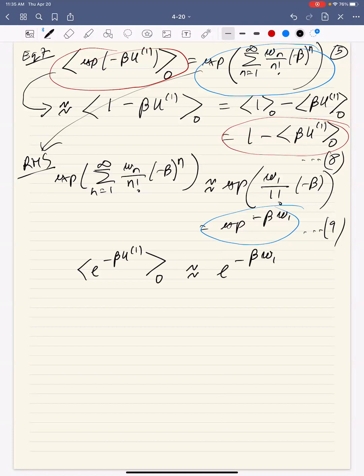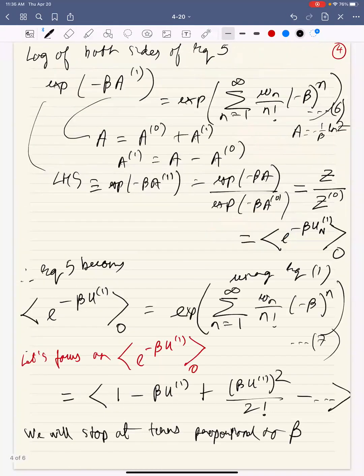Why did we care about this quantity on the left-hand side? What was the connection of this quantity with Helmholtz free energy? Well, this was e to the power minus beta A1. Remember, that was the equation. I should have numbered it. Let's call this equation number 6 prime.